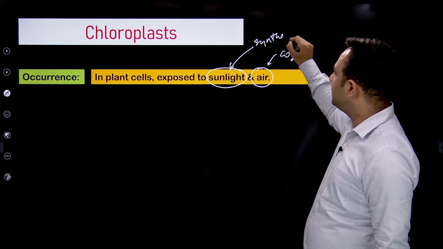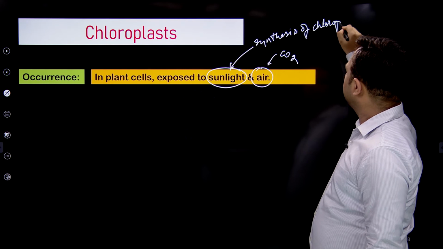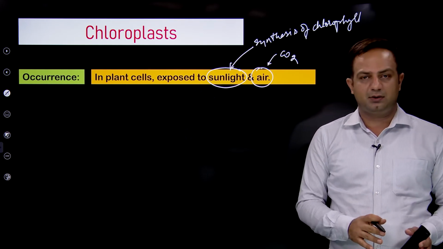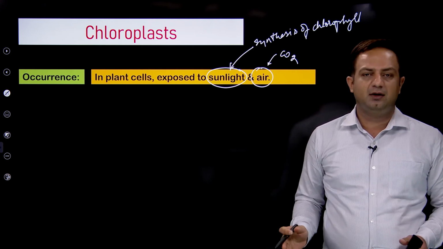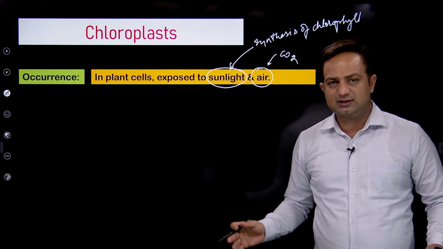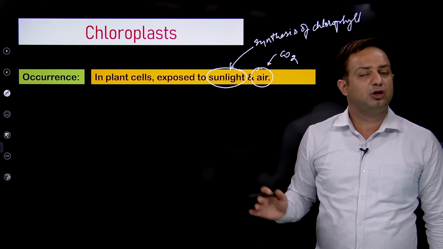Synthesis of chlorophyll is light dependent. So if the cells in the plant are exposed to sunlight and also to CO2, there is a chance that they possess chloroplast. I said there is a chance, not necessarily.